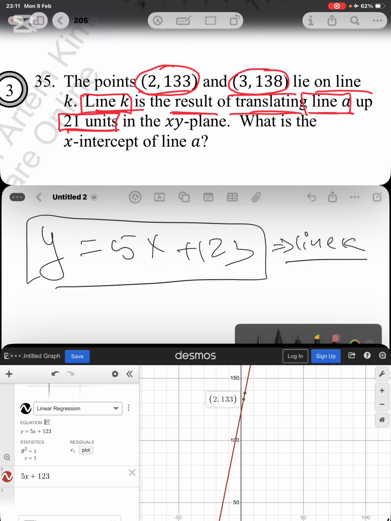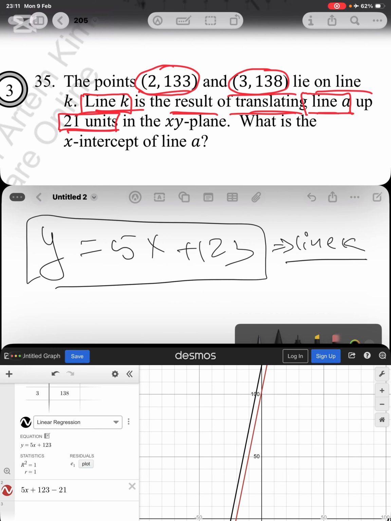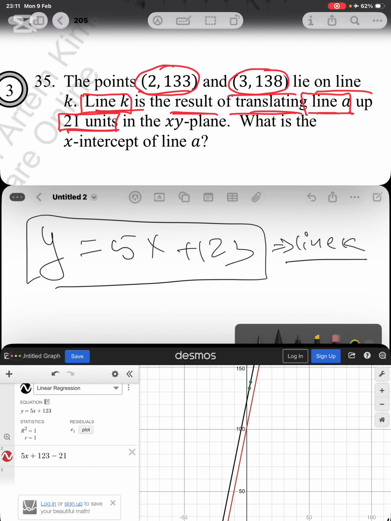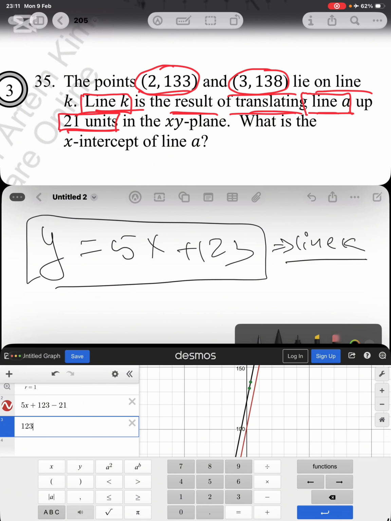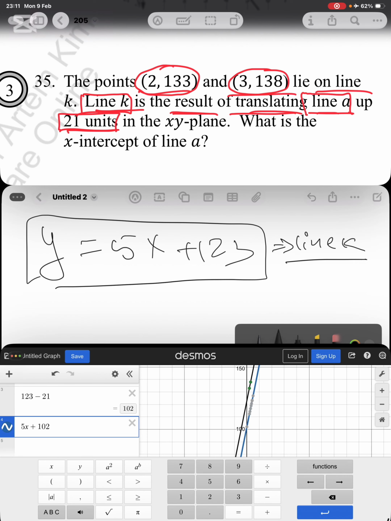So in this case, what do you have to do? You just have to subtract 21 from this point. Then it gives our line graph. So 123 minus 21 is going to be 102, right? So then our expression should be 5x plus 102.